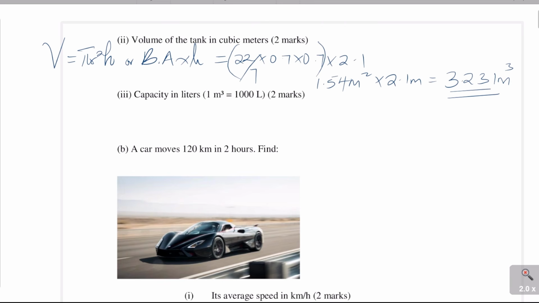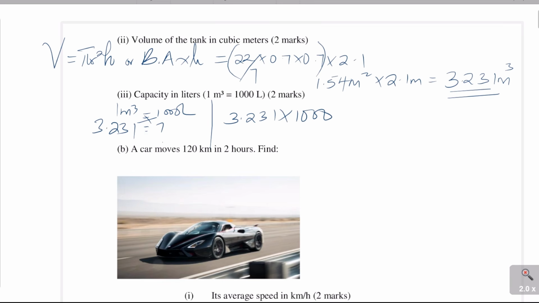Part 3, the capacity of the tank in liters. You're given that 1 meter cubed is equivalent to 1,000 liters. So what about 3.231? For this one, you just multiply 3.231 by 1,000.